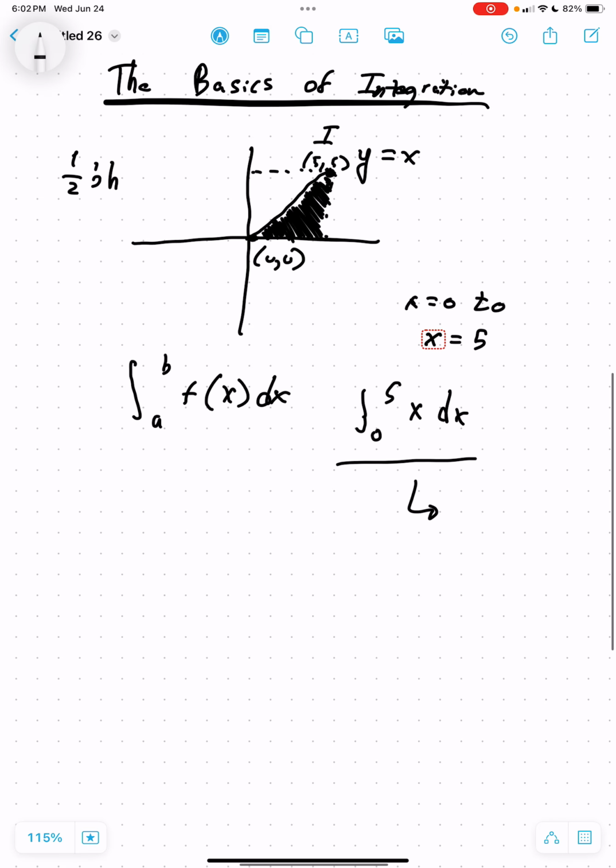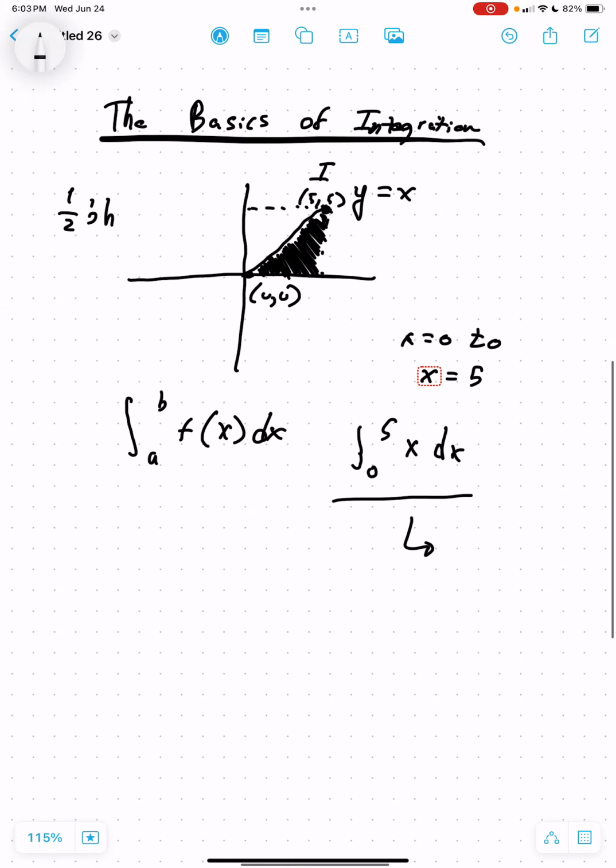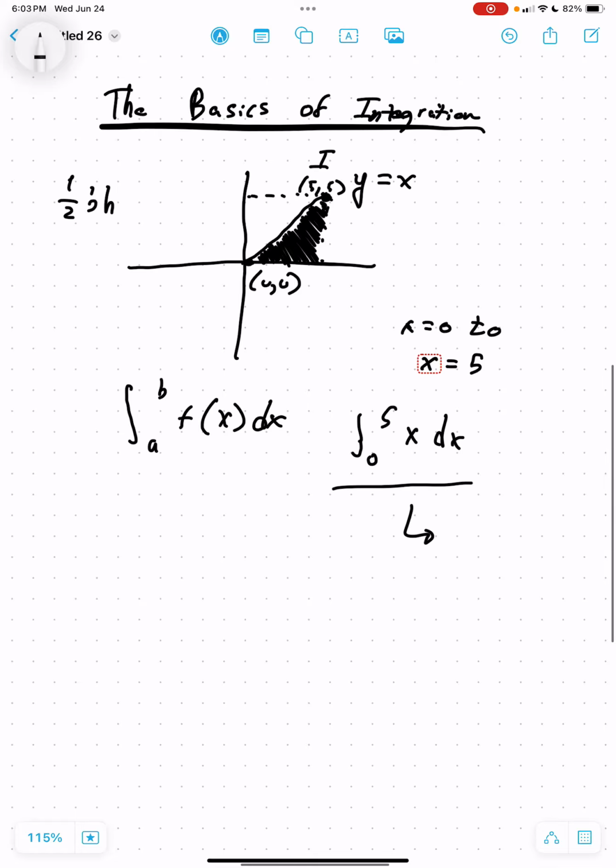And that's a simple shape, but sometimes you're going to have quadratics or parabolic curves or cosine or sine. And what calculators do to calculate that is they take an infinite sum of rectangles under that curve that sum exactly to the integral value. And that's what this integral notation represents.